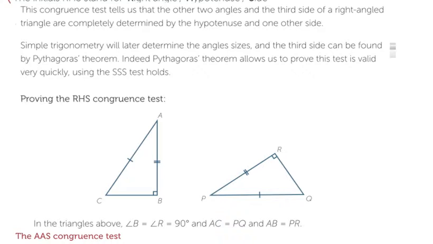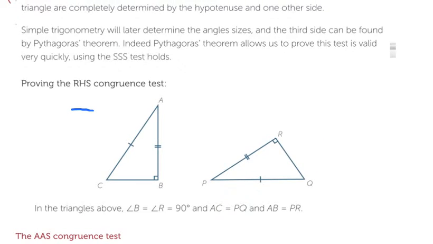And moving on now to our final proof, the right angle triangle with hypotenuse and side. It doesn't matter which side we have, we have the hypotenuse and any side. So if we know either of these sides, and we know that it is a right angle triangle, then we can say that they will be congruent triangles.